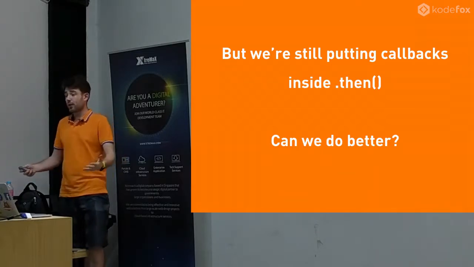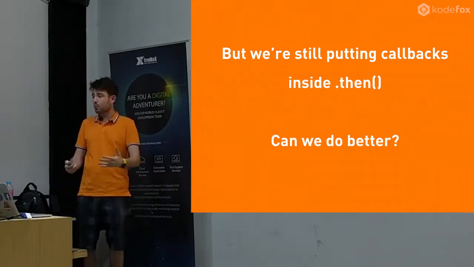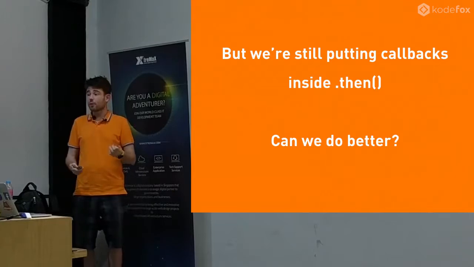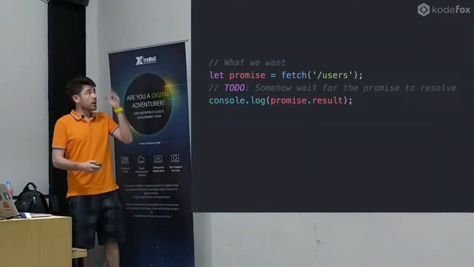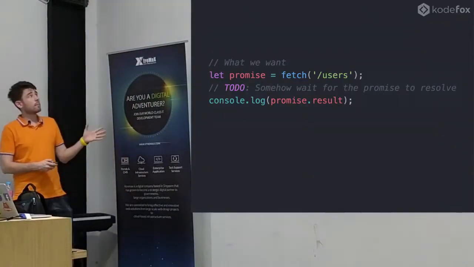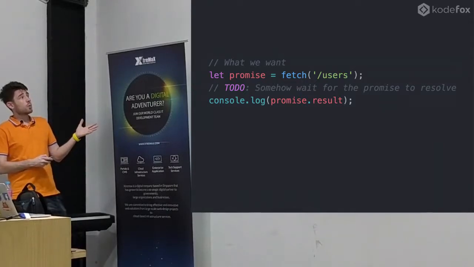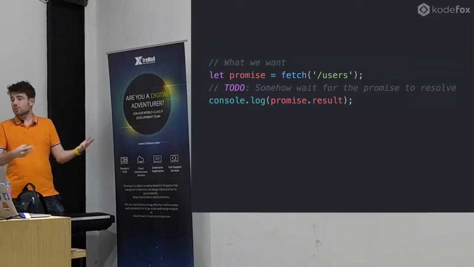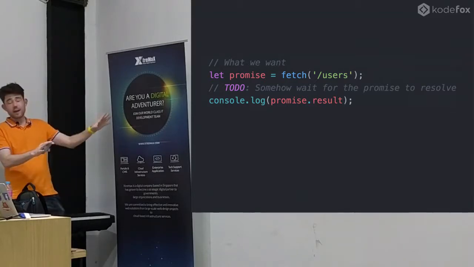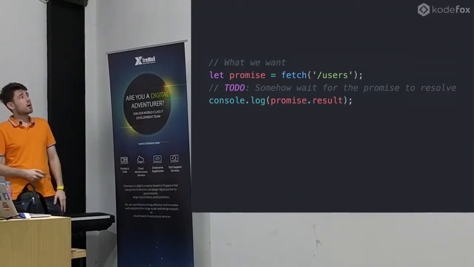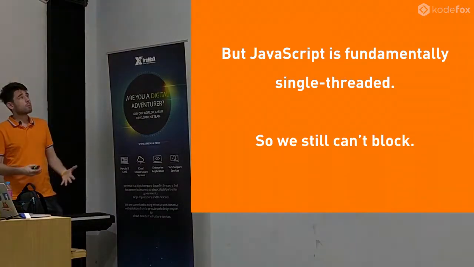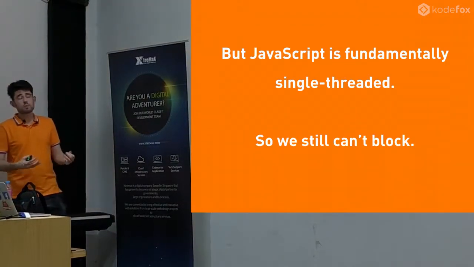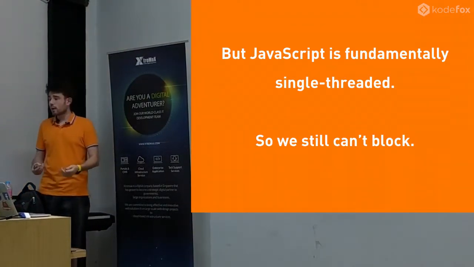So what do we want to do? We want to just have normal sequential programming like we're used to in other languages. And so here's what we want, right? We want to get our promise. We want to somehow wait for the promise to finish, and then we just want to log the result, with no then anywhere. And the problem is JavaScript is fundamentally single-threaded.